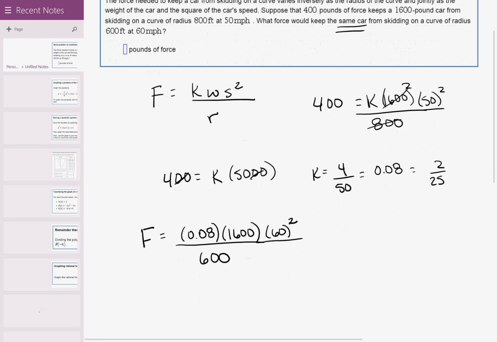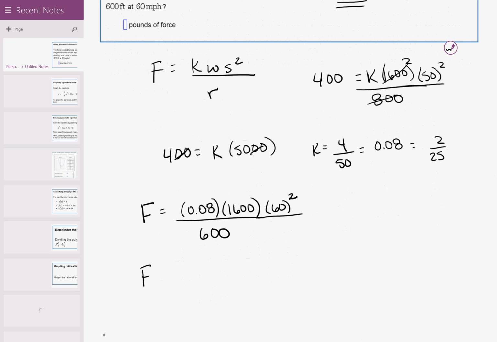Okay, I think I'm going back to the fractions here so I can simplify this. F is equal to 2 over 25 times 600 times 1,600 up here times 60 times 60. Both of those zeros will cancel. One of these sixes will cancel. 2 over 25, nope, I'm going to go with 8 over 100. That's the same thing, right? That will cancel those.